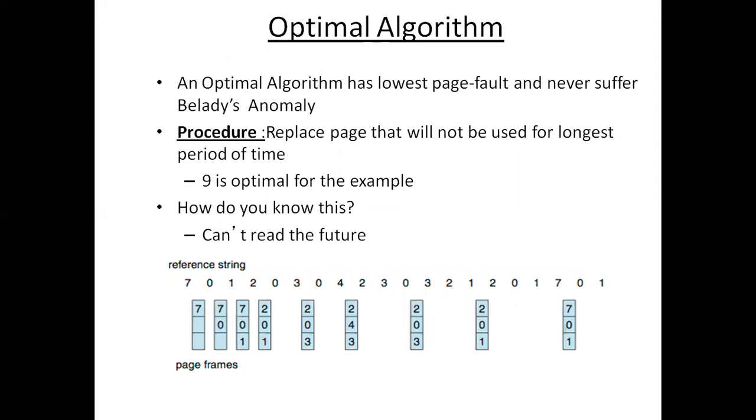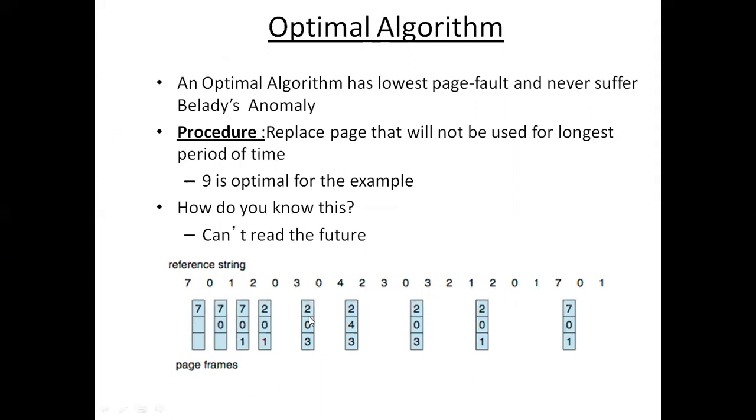Replace the page that will not be used for the longest period of time. Before you make any frame a victim, look at whether that page will not be used in the near future, and then make it the victim.